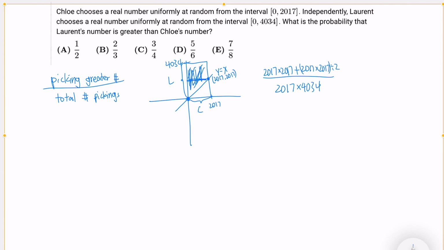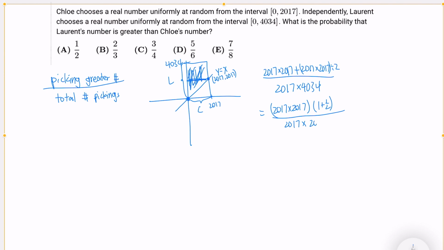And now if you noticed, in the numerator, there is a common factor of 2017 times 2017, so we can just pull that out. And now on the denominator, we see that 4034 actually equals 2017 times 2.